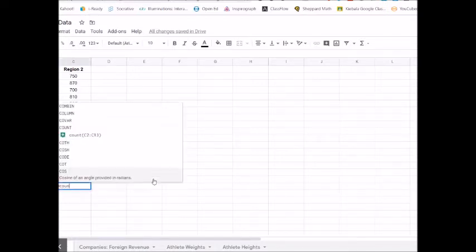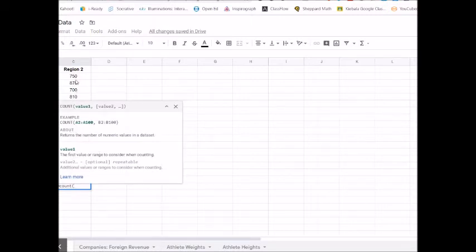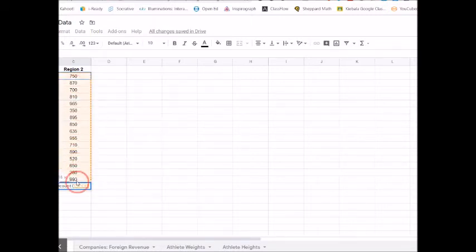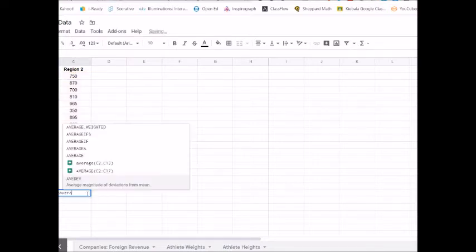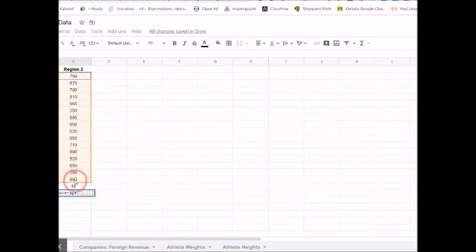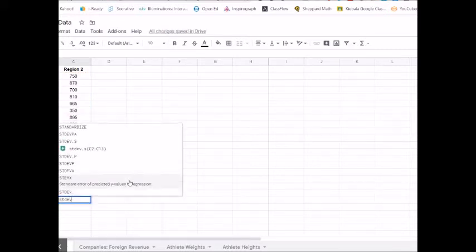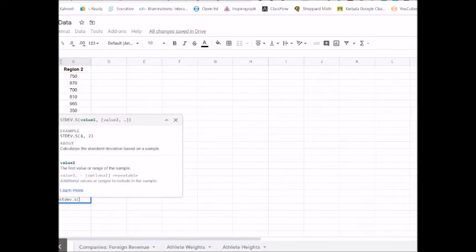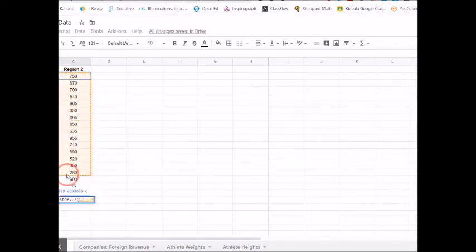Now for region 2, make sure, if you're going to highlight like I did, that you don't highlight the sample size as well. Only go to C17. And then again, I'm going to do the .S one, that's for sample standard deviation. Be careful, don't go down into your sample size, sample mean, and whatnot.